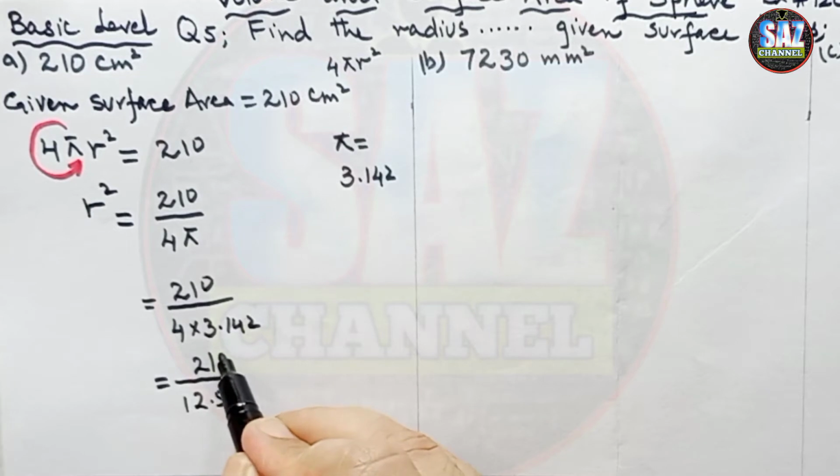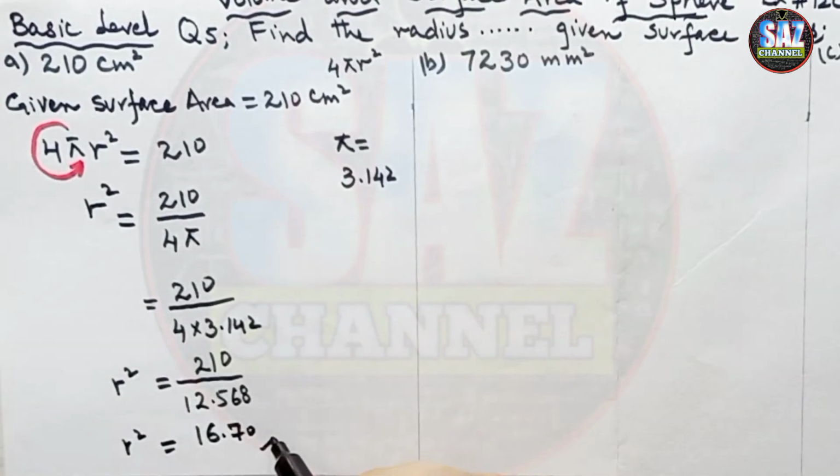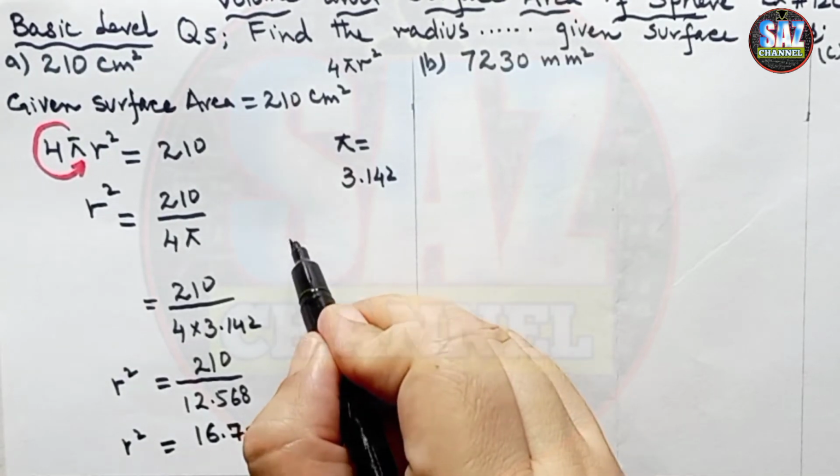Now I have to divide 210 by 12.568, and this gives me r square equals to 16.70.